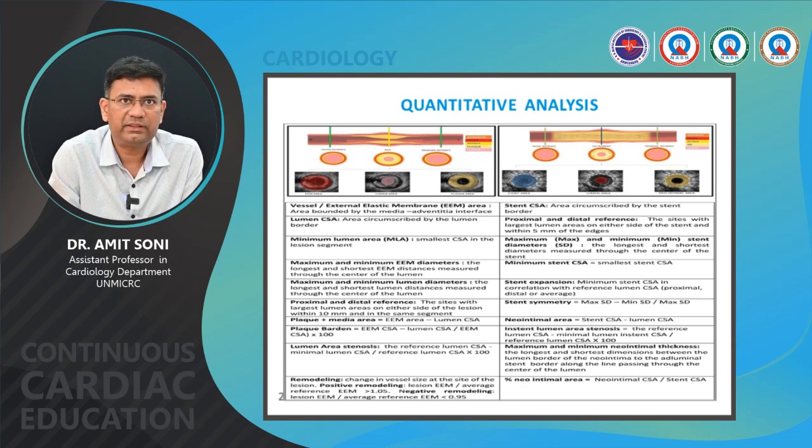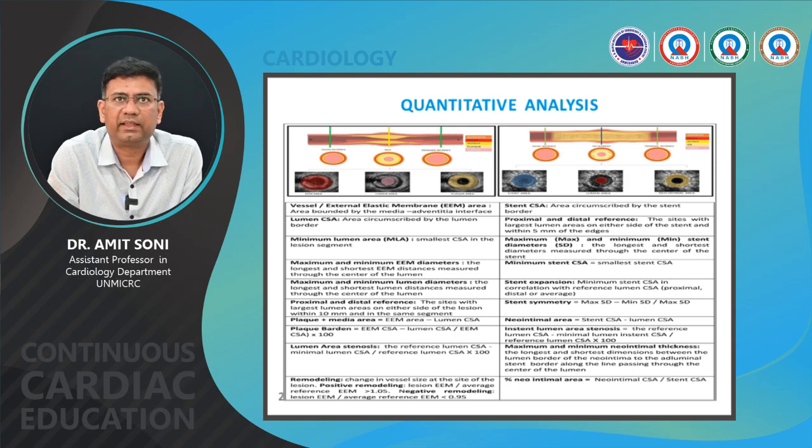Positive remodeling means lesion EEM divided by the average reference EEM is more than 1.05. Negative remodeling means lesion EEM divided by the average reference EEM is less than 0.95.